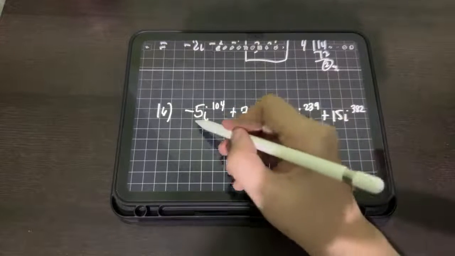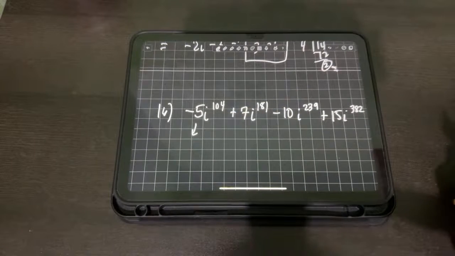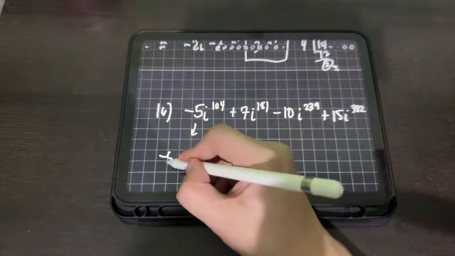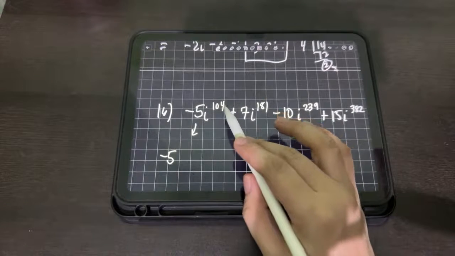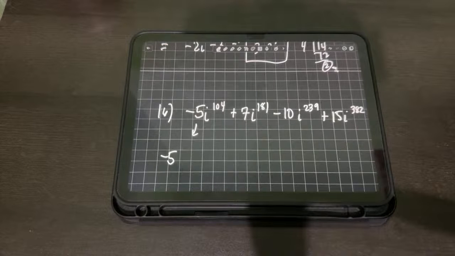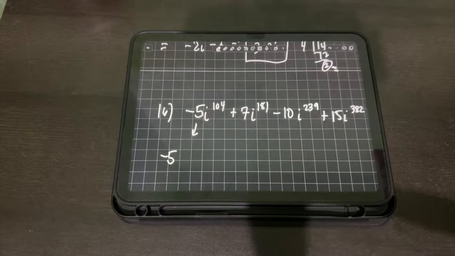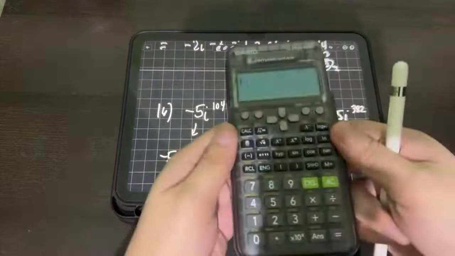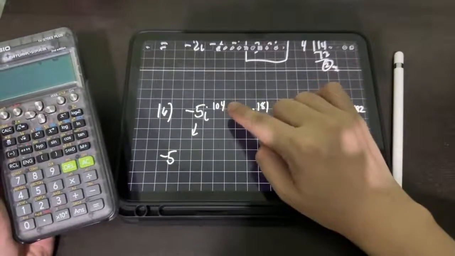Okay, so for the first term, negative 5i to the 104. Again, we have an exponent of 104. Let's divide it by 4. You can also use a calculator so that you won't have to divide manually. Okay, I will use a calculator.